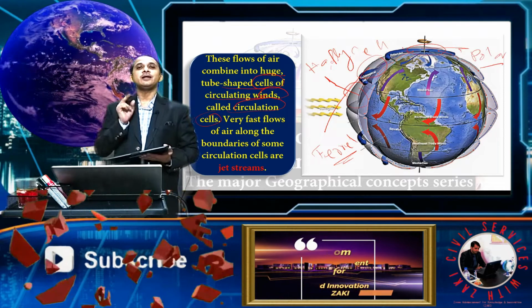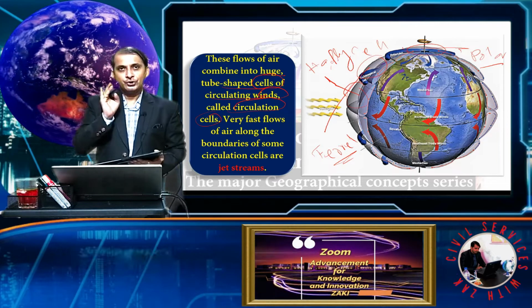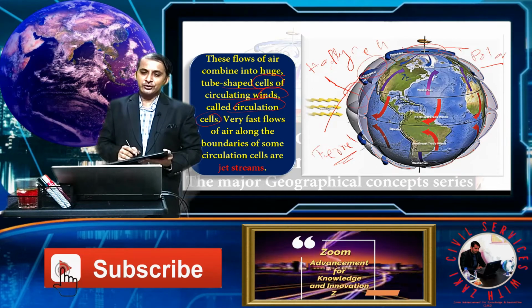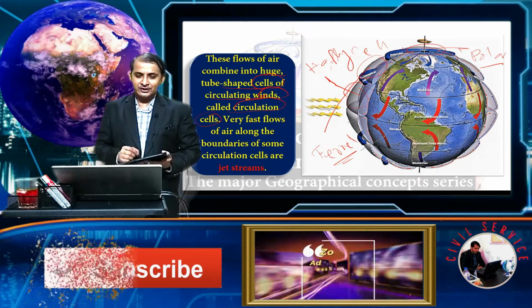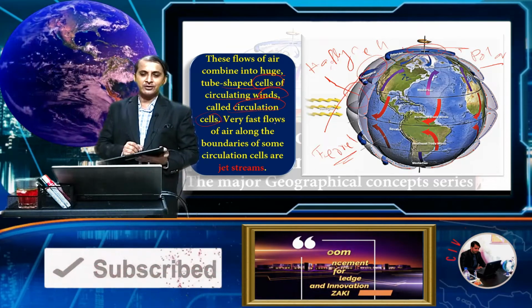So basically these three types of cells: Hadley cell, Ferrel cell and polar cell. These winds circulate in cells called circulation cells.